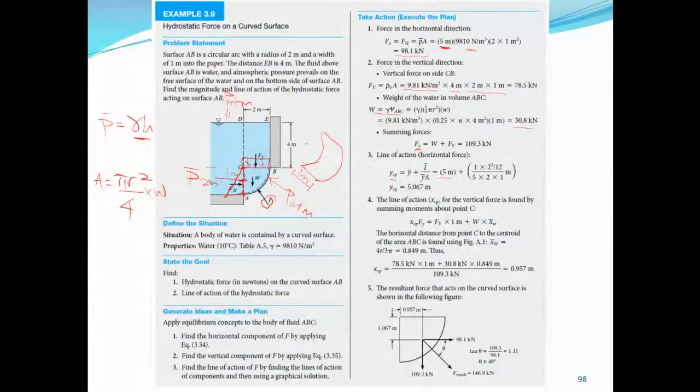And then you have Y bar, which is also 5, and the area 2 times 1. So that gives the center of pressure.